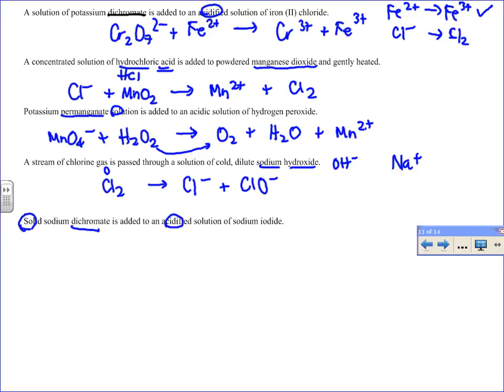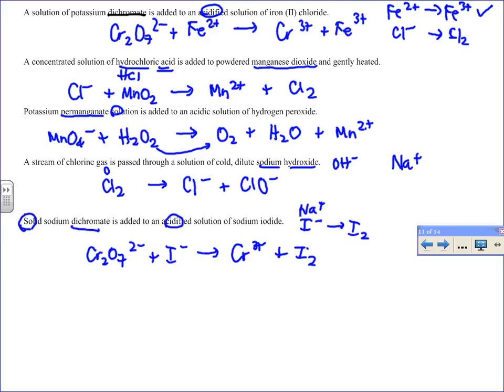It's still acidified, so we still have the Cr2O7 2 minus in acid, so we know it's being converted to Cr3 plus, and we know that that's a reduction, so we're looking for something else that's been oxidized. So we've got sodium ions and we've got iodide ions.